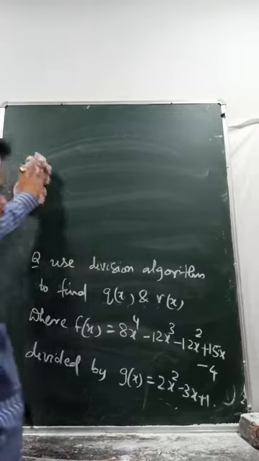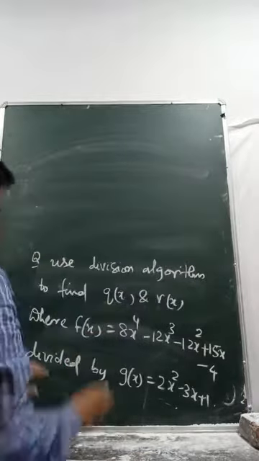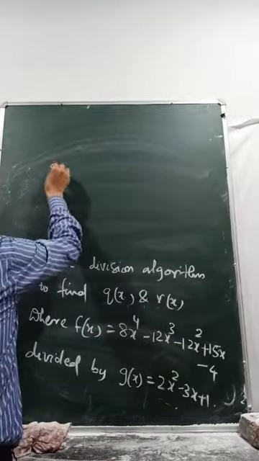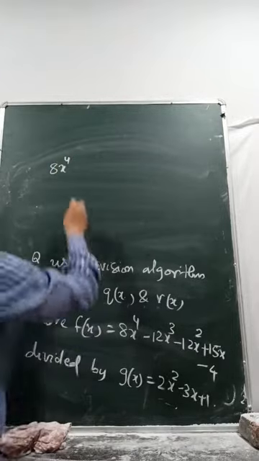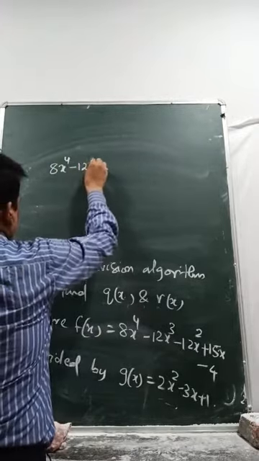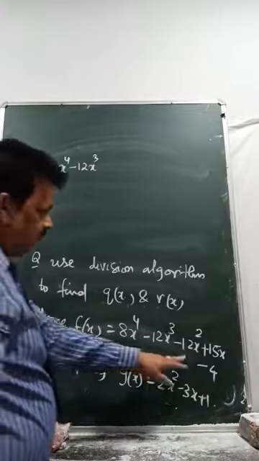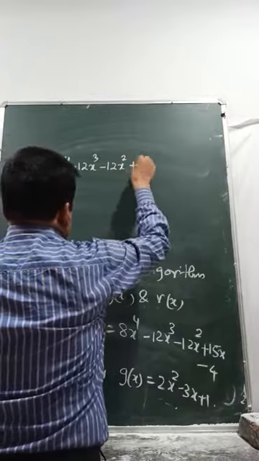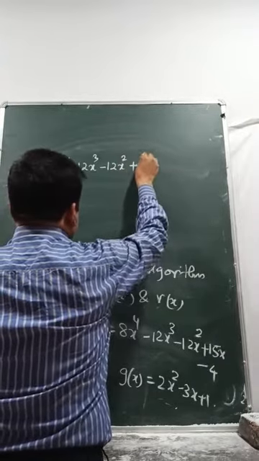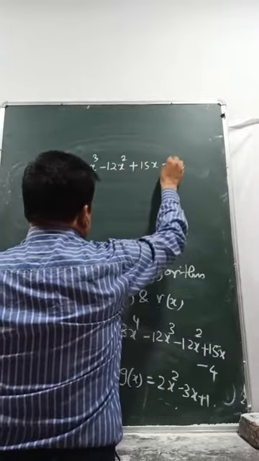Okay, let me write this down. Same procedure: 8x fourth minus 12x cube minus 2x square plus 15x minus 4.